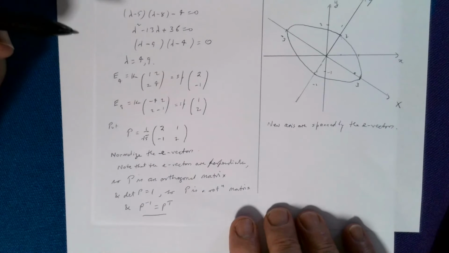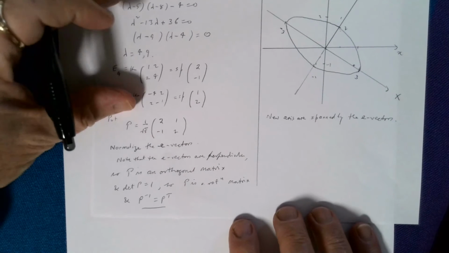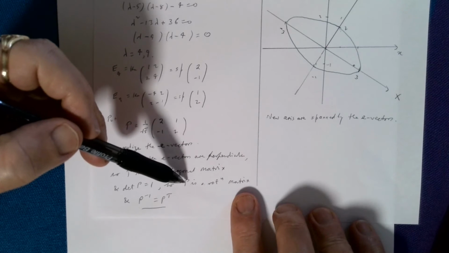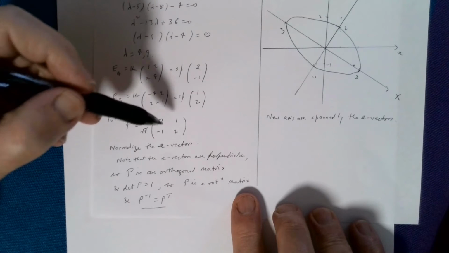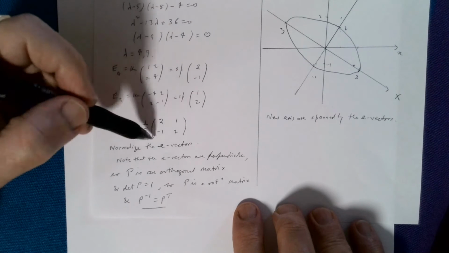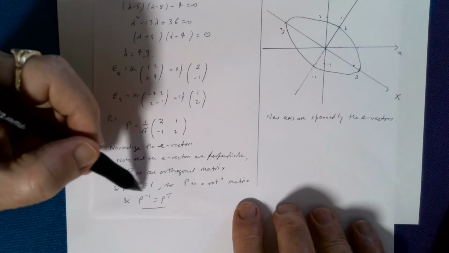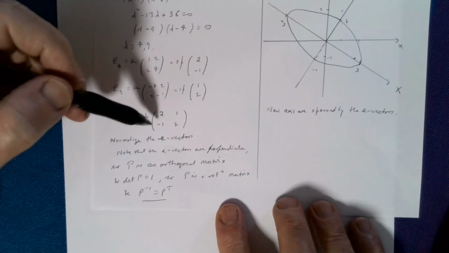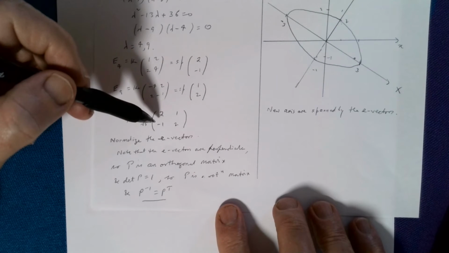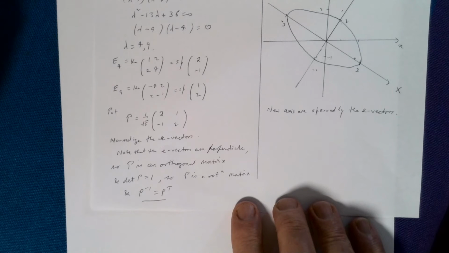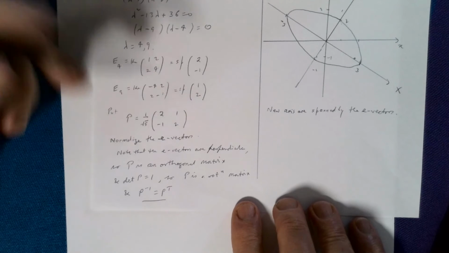So by what we saw in the previous section, this P is in fact a rotation matrix, provided its determinant is 1, and 4 plus 1 is 5, on 5 is 1. So this has determinant 1. So P is in fact a rotation matrix. And indeed P inverse is just P transpose.